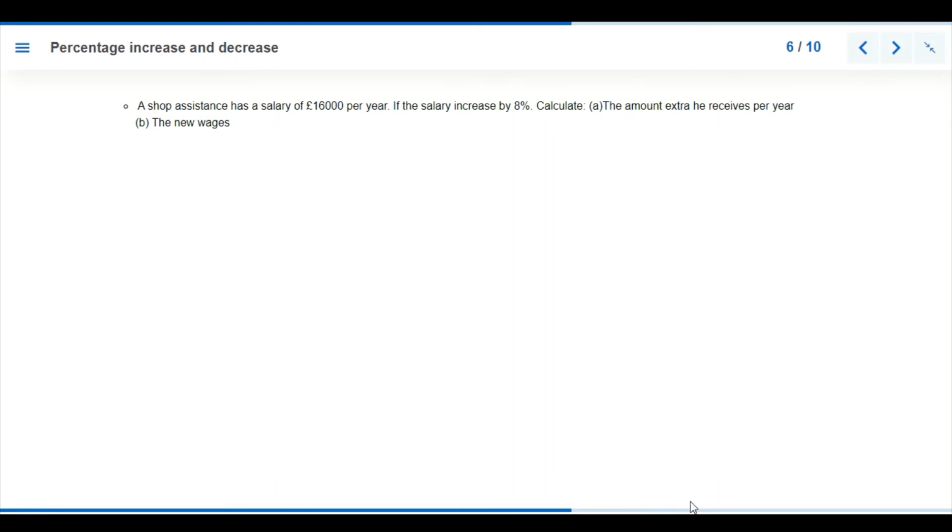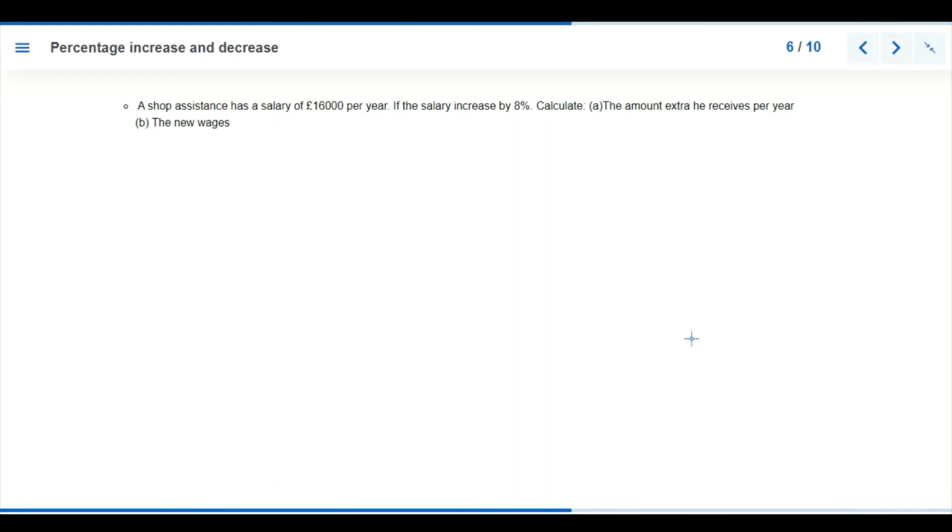Now what we need to do is find 8% of 16,000 euro. That will give us the extra amount that he received for that year. For the second one, the extra amount must be added to the previous salary so that we can have the new wages. So let's calculate and see what we have.